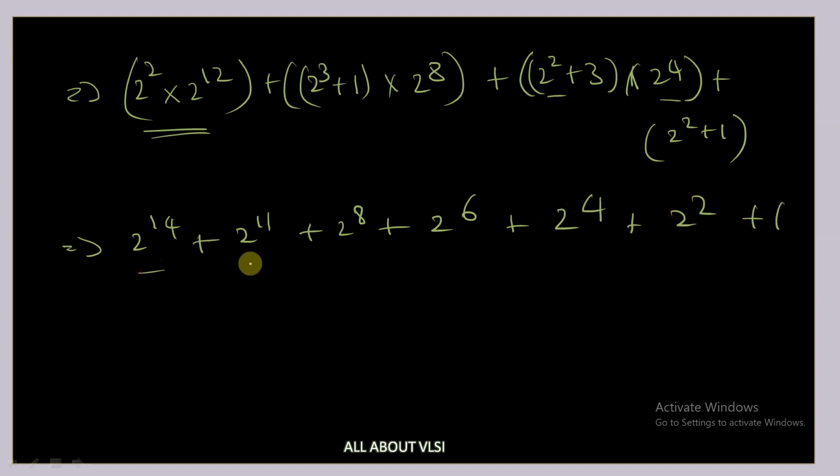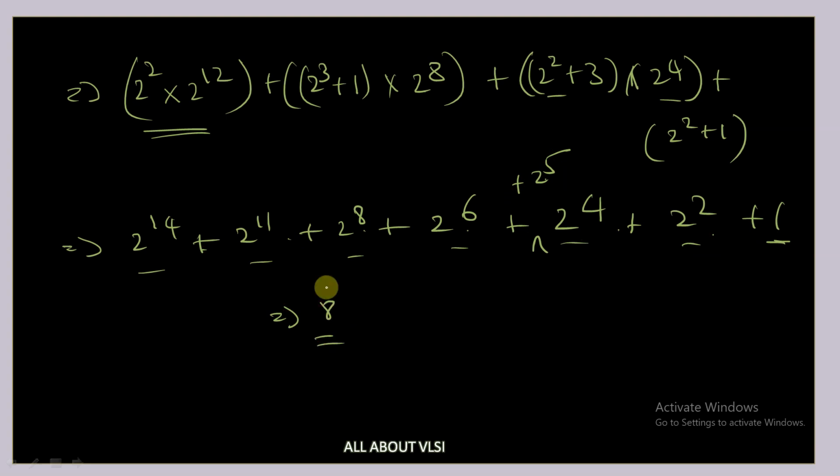Let me check: 2 power 4, 2 power 11, 2 power 8, 2 power 6, and if I simplify, I will get one more term, 2 power 5. So 1 2 3 4 5 6 7, and this one 8. Okay, so total 8 number of ones.